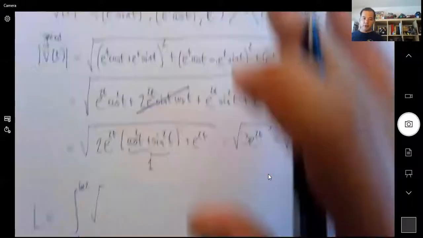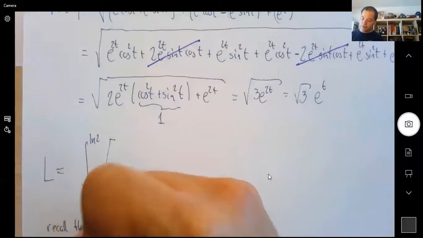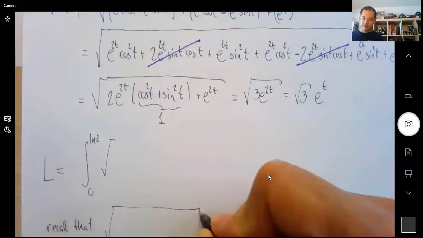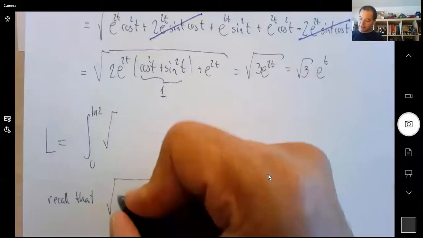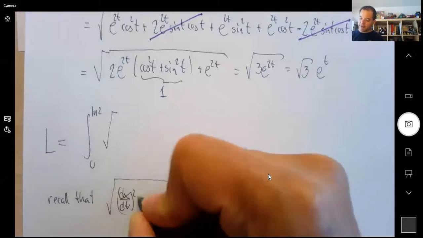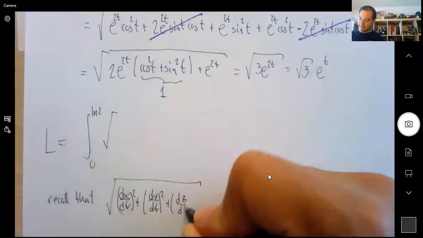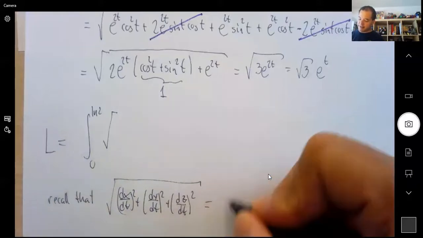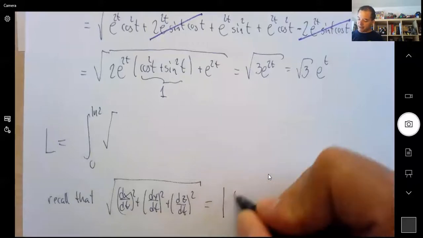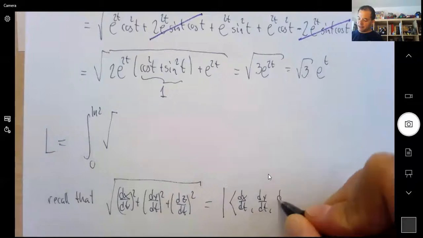Recall that if you want to do this, the square root of the derivative of x squared plus the derivative of y squared plus the derivative of z squared, isn't that the same as the magnitude of the vector derivative x, derivative y, derivative z?